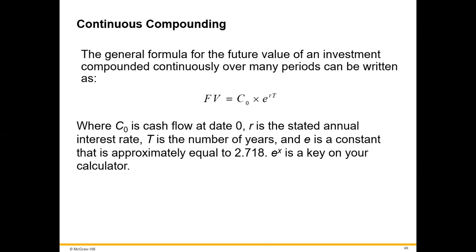And e is a constant that is approximately equal to 2.718. e to the x is a key on your calculator. And I see mine, I have to hit the orange second key at the top in the first column on the left, and then the natural log function.